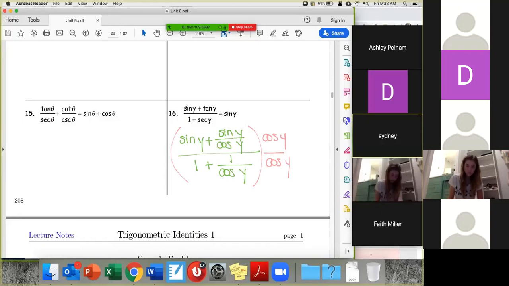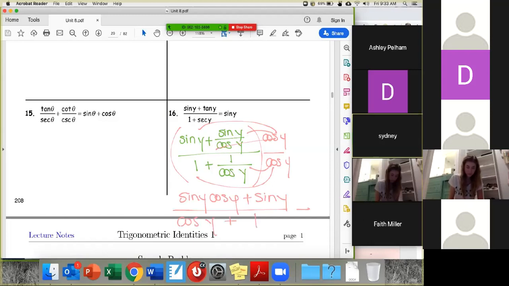If I distribute that to everything, top and bottom, I would see sine y cosine y on the first term. The second term, the cosines would cancel and give me sine. On the bottom, I would have a cosine y.